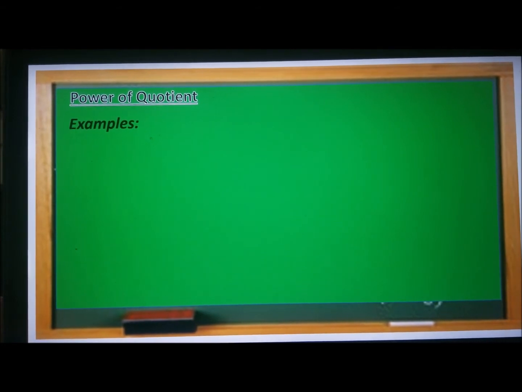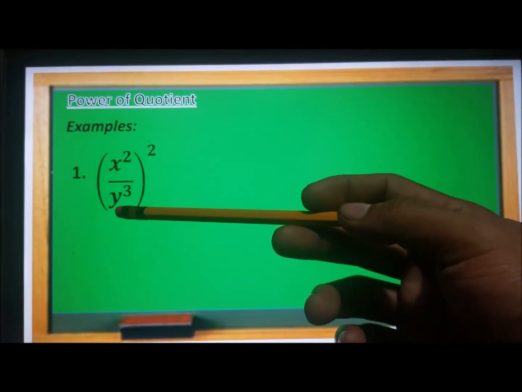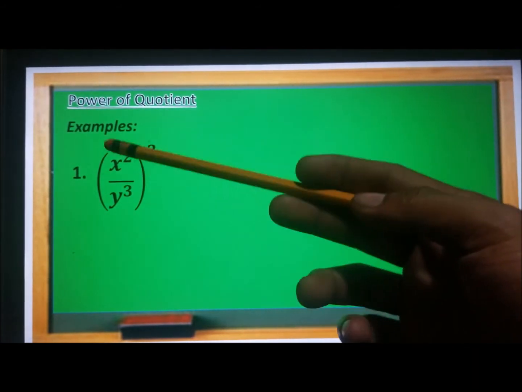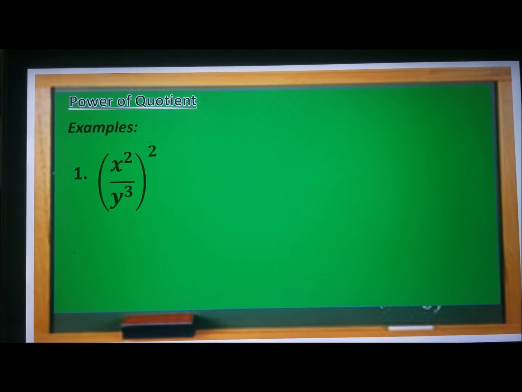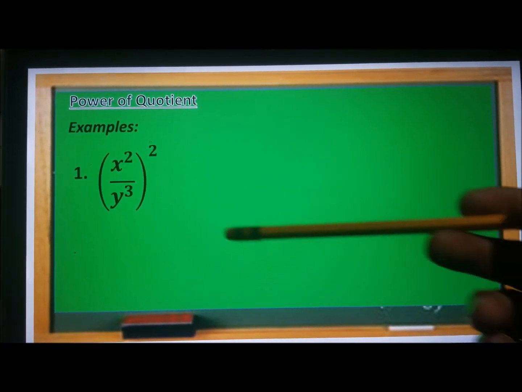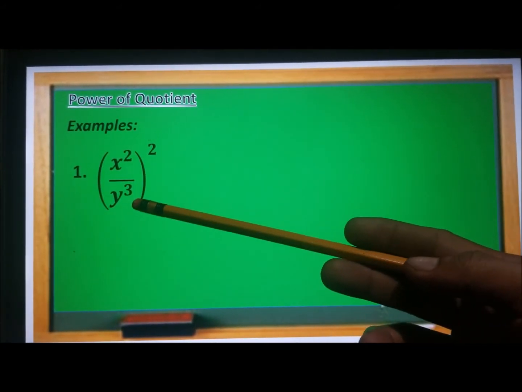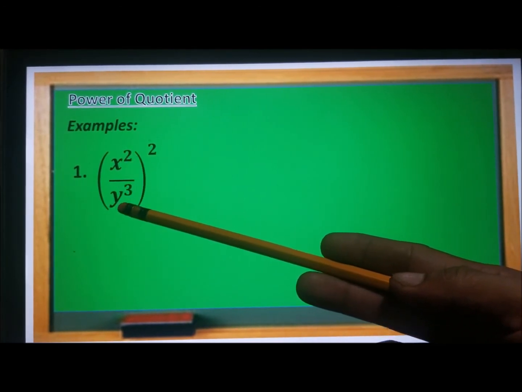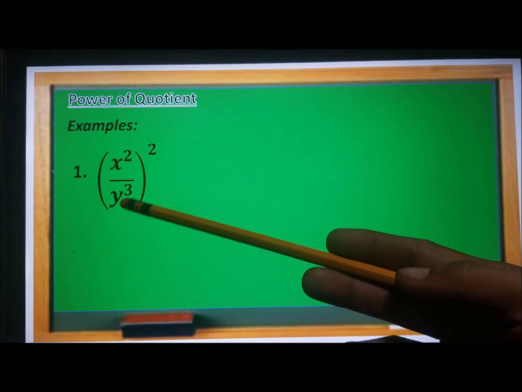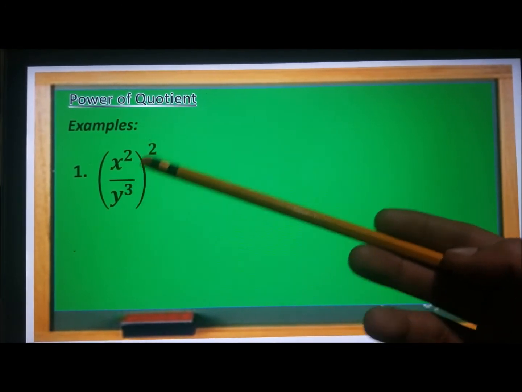For the examples, let's have x squared divided by y cubed, all raised to 2. Using the traditional method, what we have to do is expand the numerator and also the denominator, then multiply the product by itself 2 times.